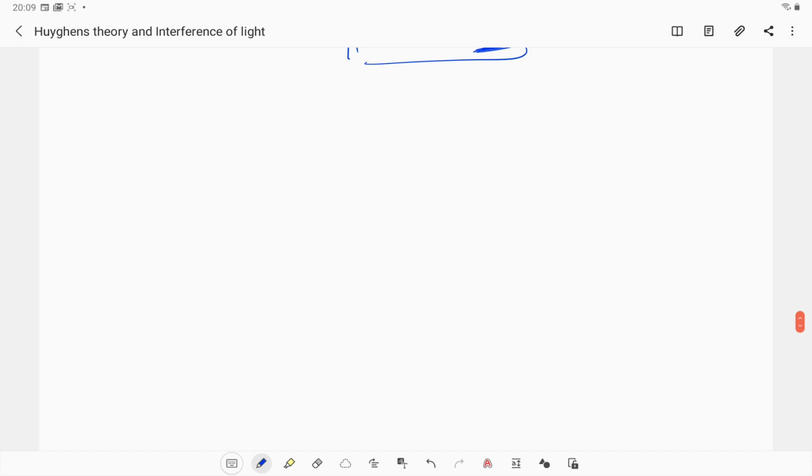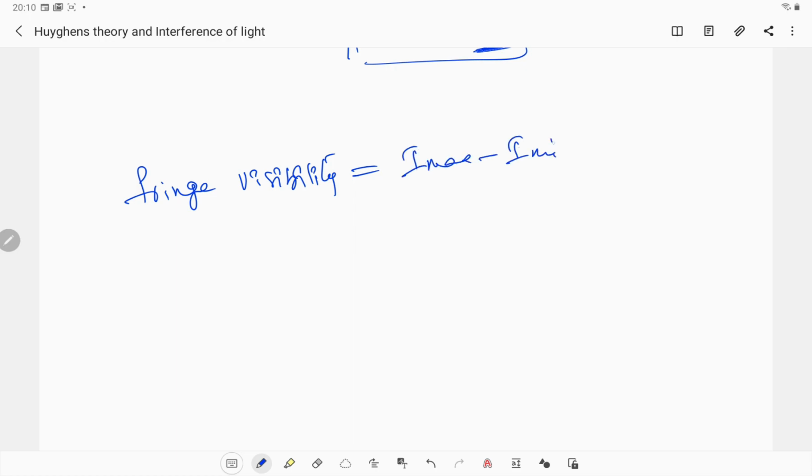Another important thing, that is nothing but fringe visibility. Fringe visibility is equal to (I maximum minus I minimum) by (I maximum plus I minimum) into 100. This is nothing but fringe visibility.